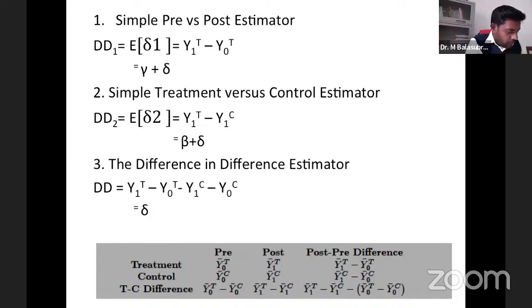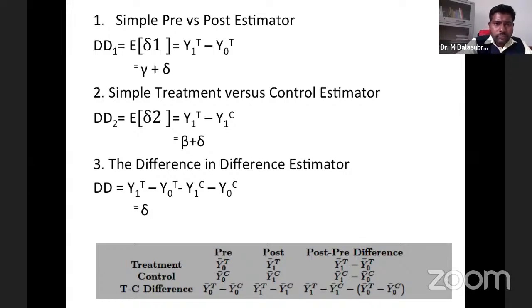Before and after, how the participant group or treated group's average difference comes, that I am going to deal with here. The expected delta 1 is equal to y1 bar t minus y0 bar t.